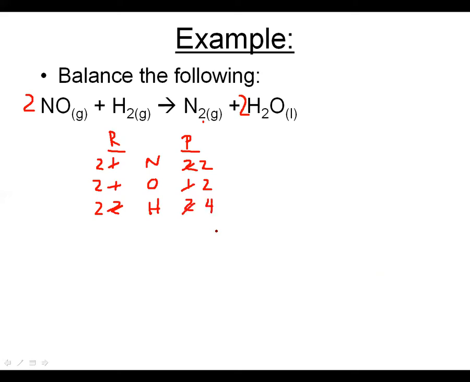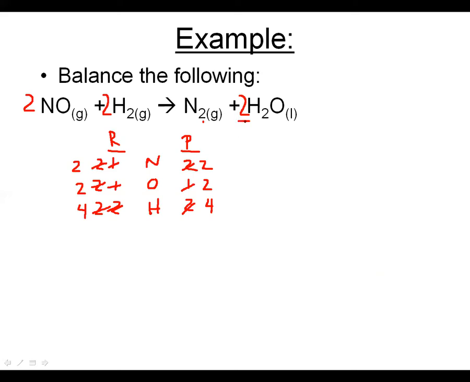We can see now that we fixed the oxygens, but now we have messed up the hydrogens on the left-hand side. So we can finally fix that by also adding a 2 in this case. And that will get us 2 nitrogens, 2 oxygens, and 2 times 2 is 4 hydrogens. And this would represent the balanced chemical equation.